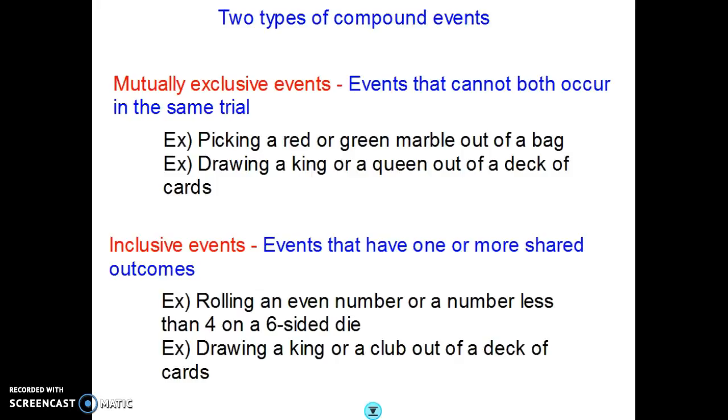If you roll the 2, it would fit into both of those categories. Another similar example, drawing a king or a club out of a deck of cards. There is one card in the deck that is both a king and a club. So it fits into both categories again.